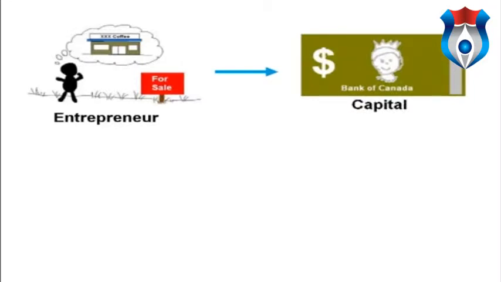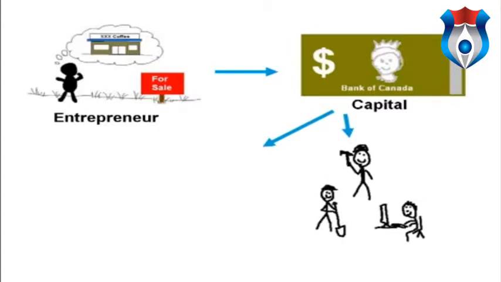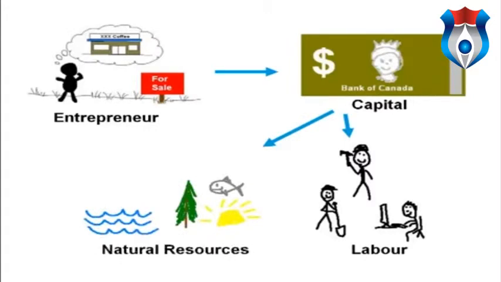Money that is going to get used to buy the land, to build the structure itself, to advertise, to buy the materials, to get everything ready before the very first cup of coffee can ever get sold. Now, that capital ends up getting used to hire labor and to purchase the natural resources. Both of these are necessary in order for any business whatsoever to get up and running.